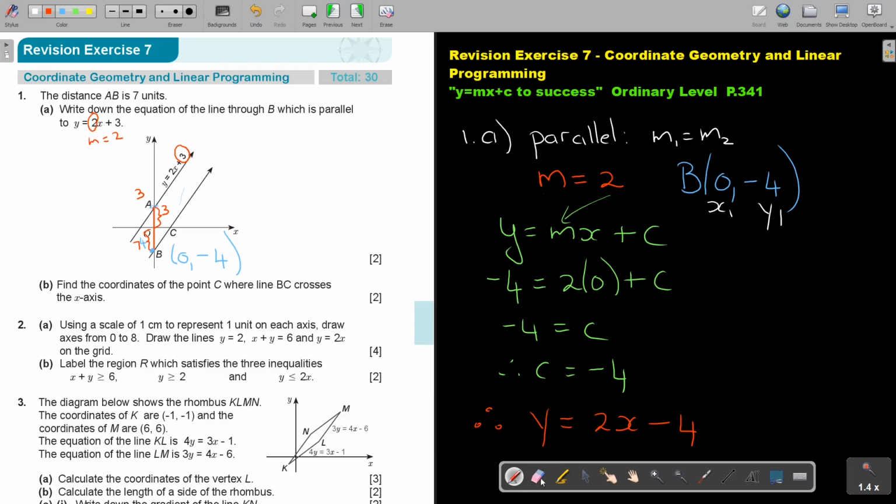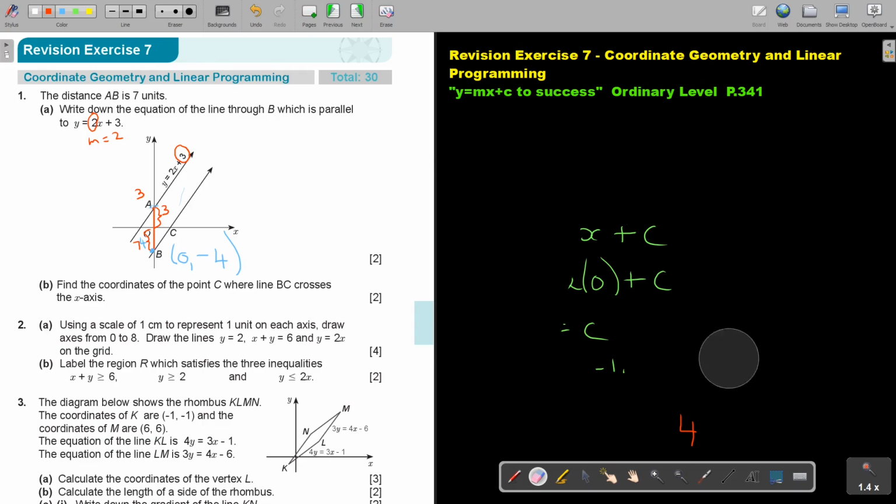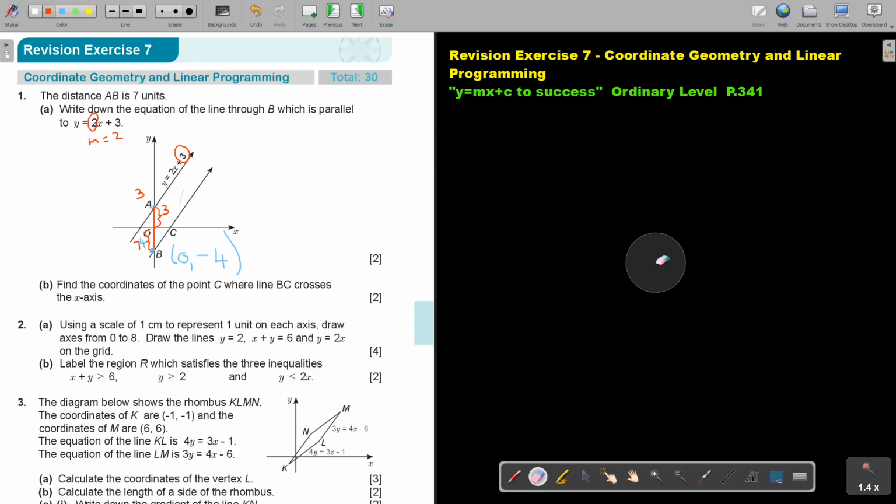Okay, let's go to number B. Find the coordinate of the point C where the line BC crosses the y-axis. Okay, now just be careful.